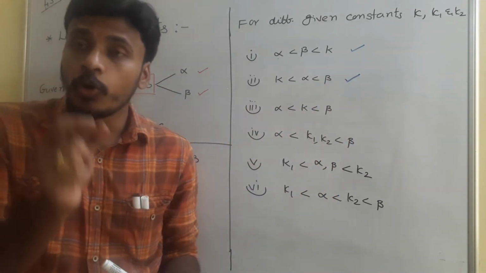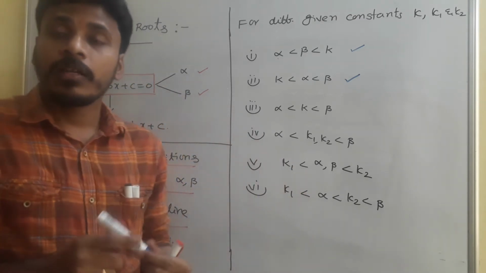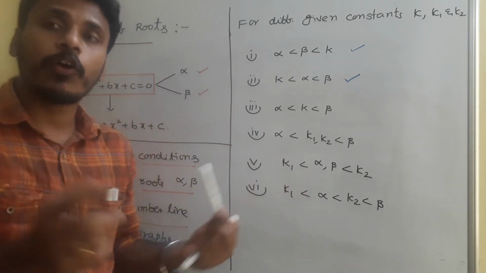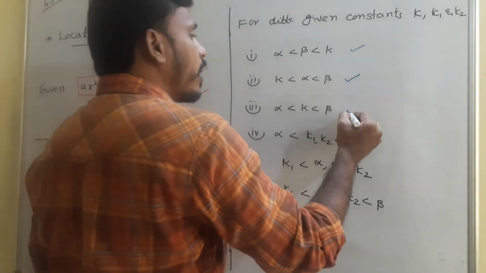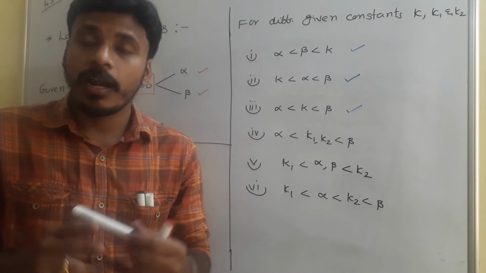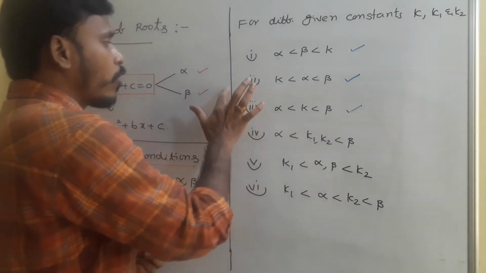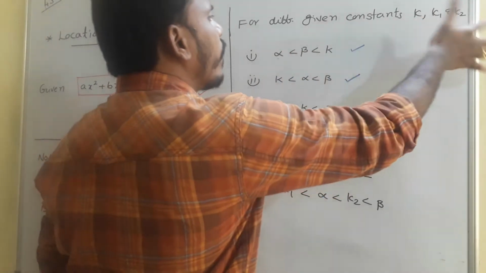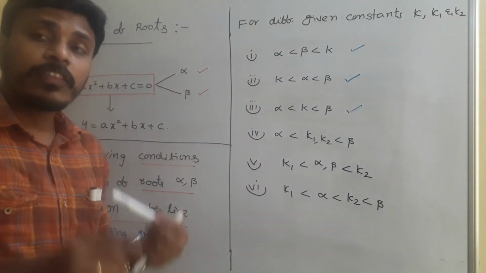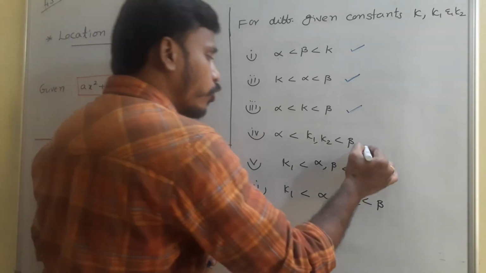If the roots are on either side of some given constant value, that is the third condition. And if the roots are on either side of two particular numbers k1 k2, any two given constants, that is the fourth condition.